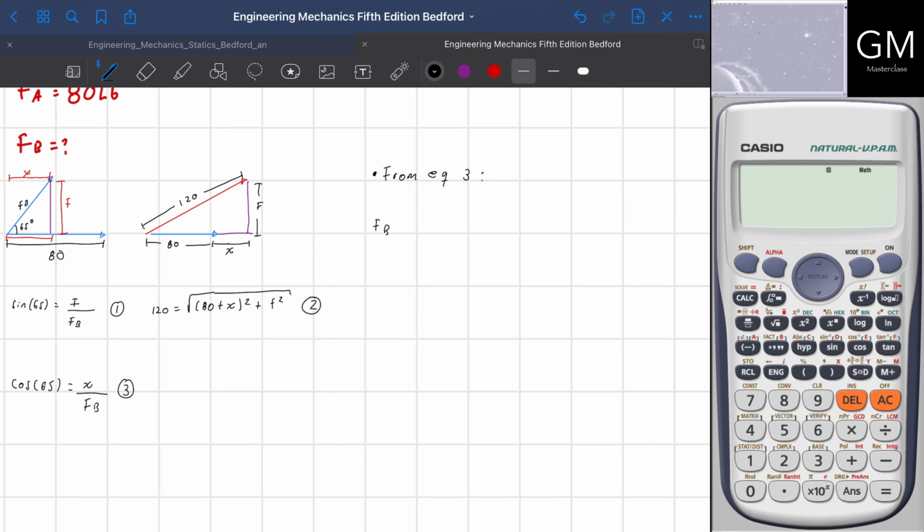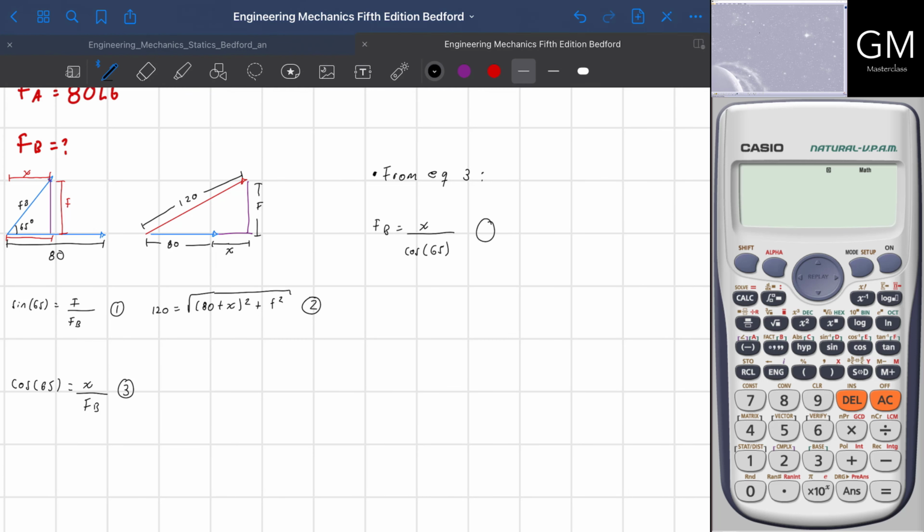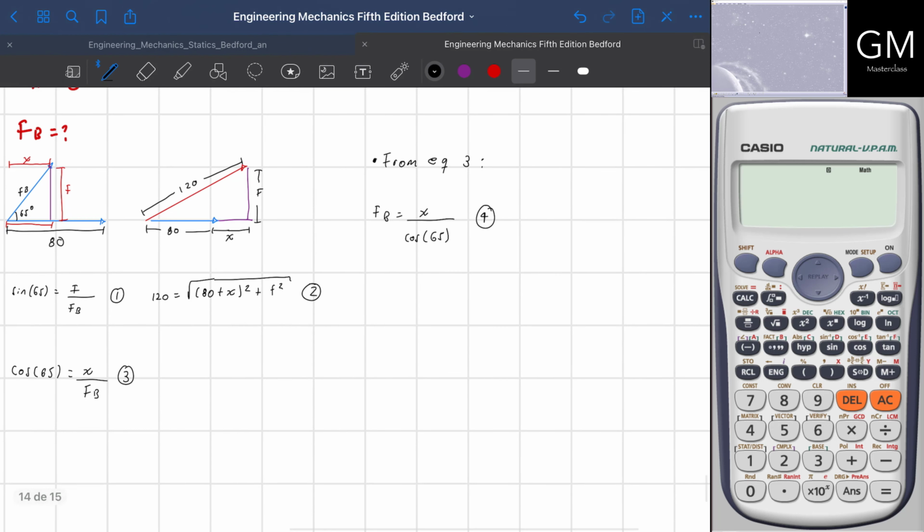So in this case, FB is going to be equal to x divided by cosine of 65. And this is going to be my equation number 4. Now, I'm going to evaluate 4 in 1.